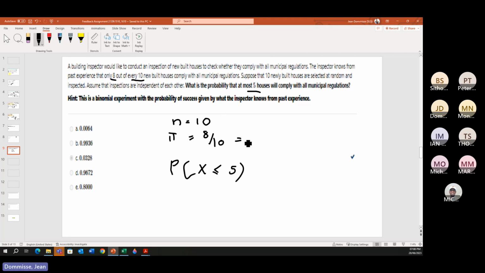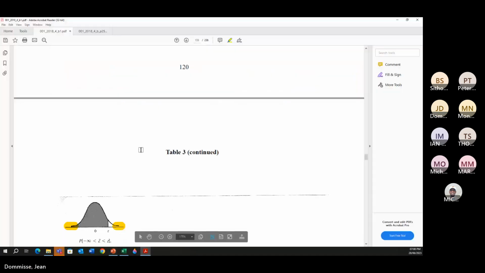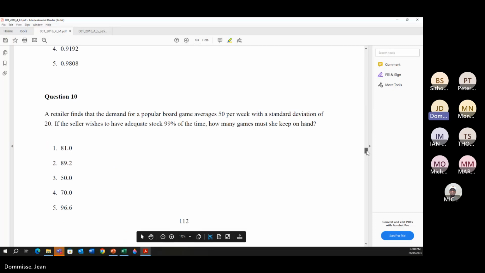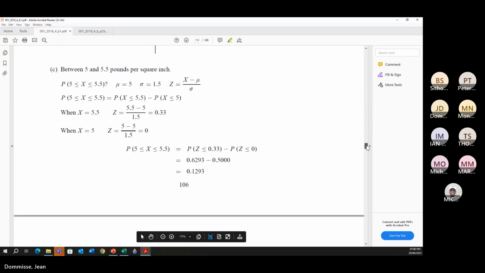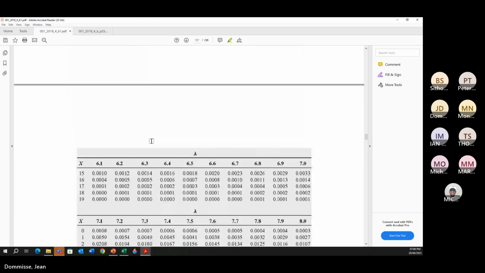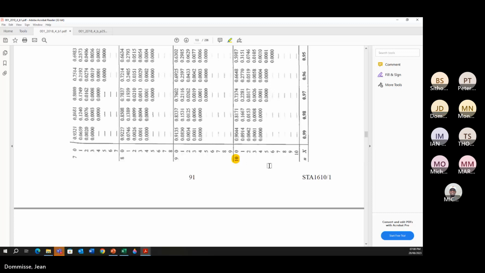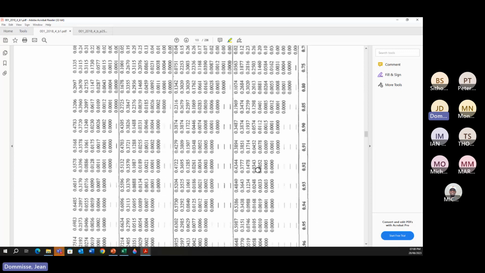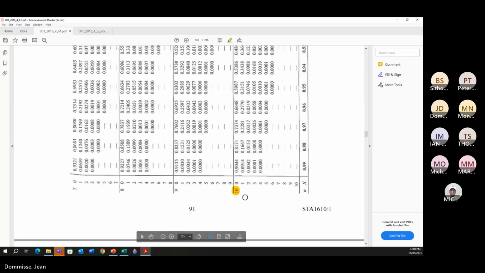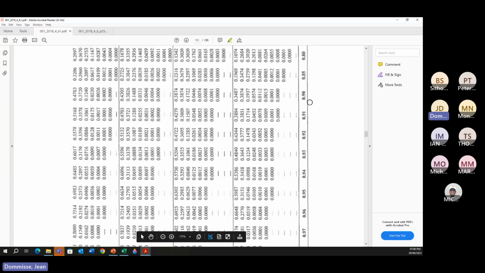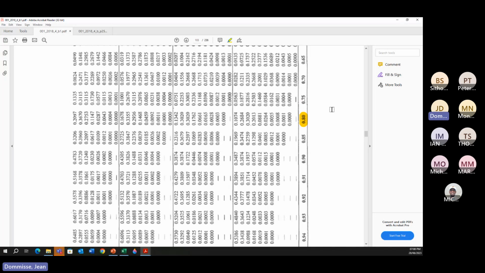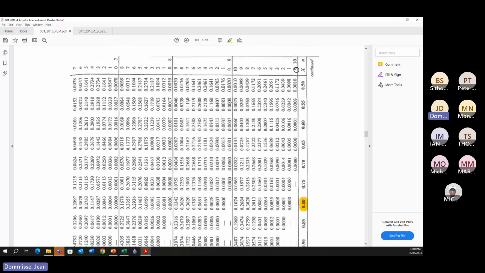Okay, so we will need to look at n equal to 10. Just check where's our binomial. Okay, n equal to 10. So this is going to be a bit difficult, but don't worry, we'll do it. 0.8 was pi, so we're working with it from that upwards.